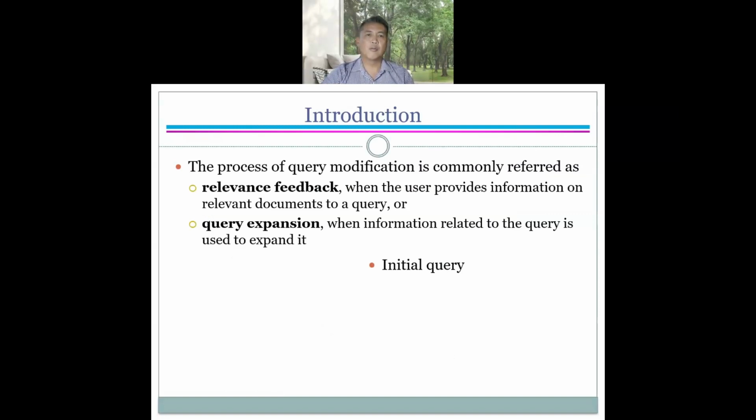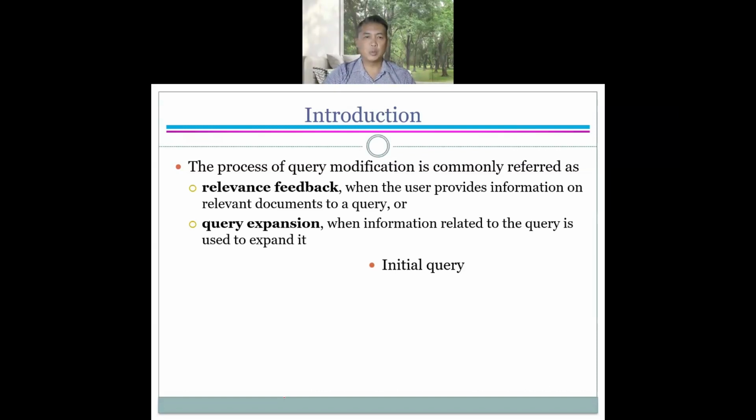The process of query modification is commonly referred to as relevance feedback, because you are providing information to the system about relevant documents. When you change the query, it means that you are expanding the query.